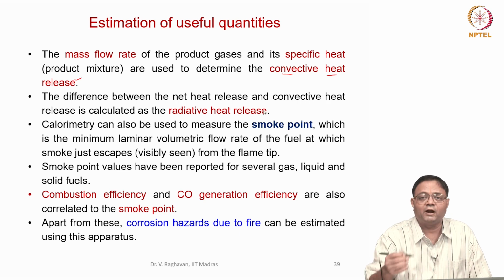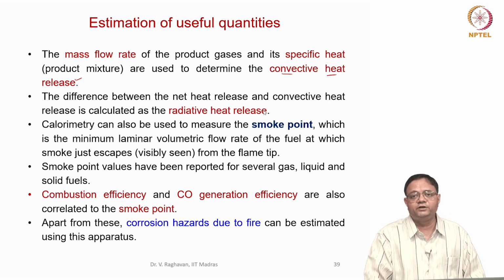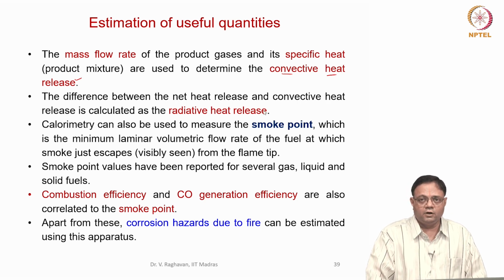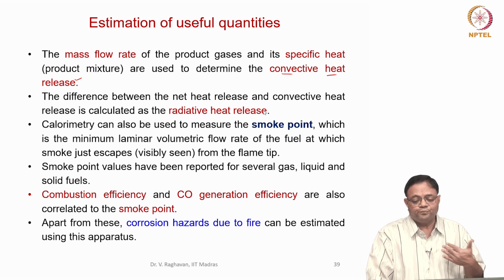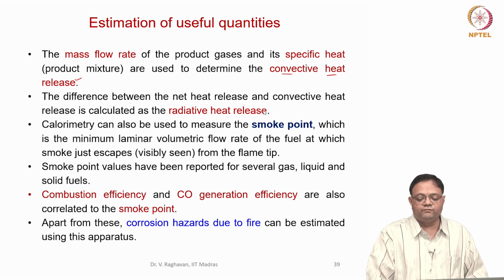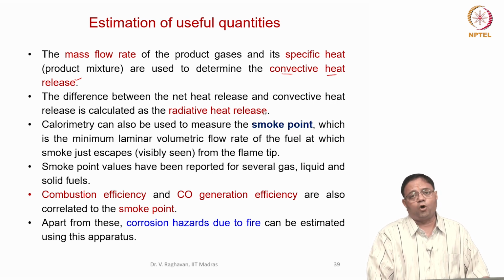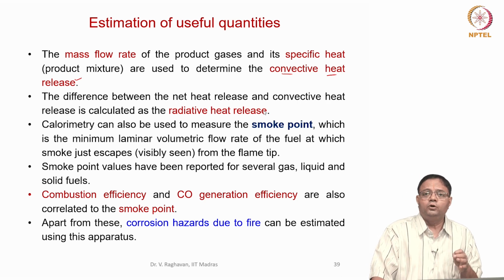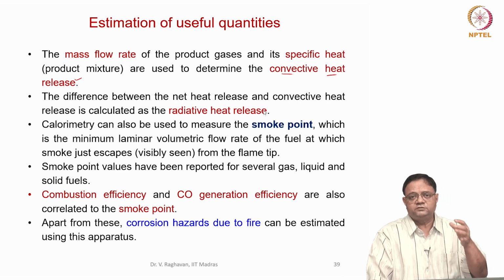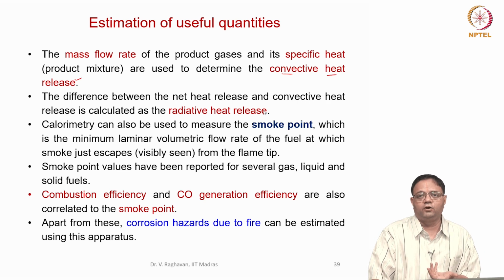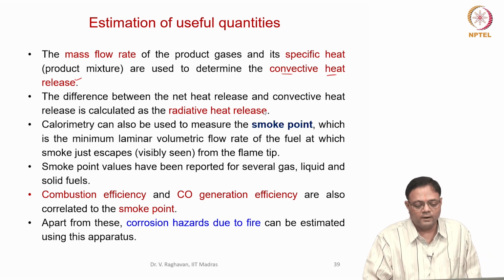We can also determine it by using CDG, that is carbon dioxide generation calorimetry, or oxygen calorimetry. Then the radiative heat release will be the difference between the net heat release and the convective heat release. Or we can also use radiation sensors and get the radiative heat release also. That is also possible, but a costly technique.